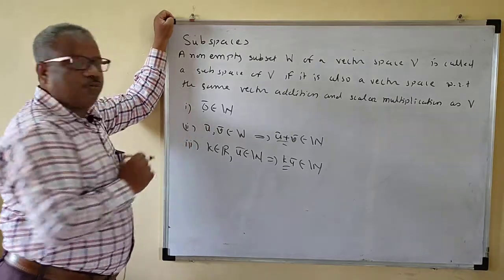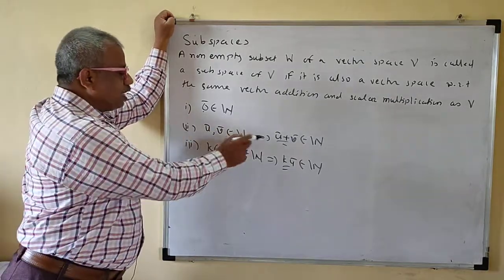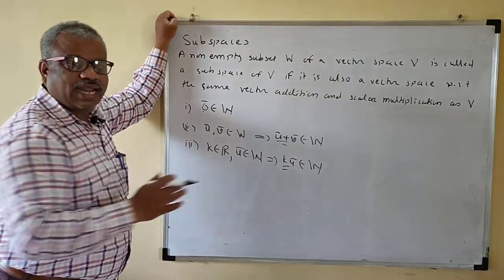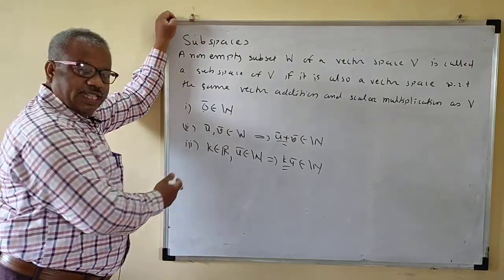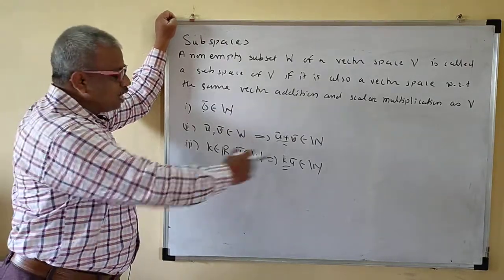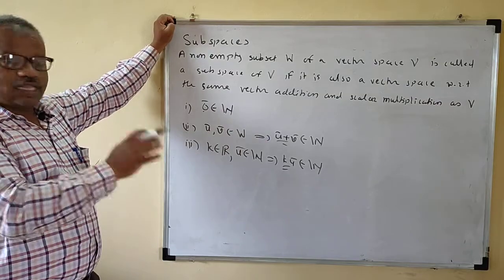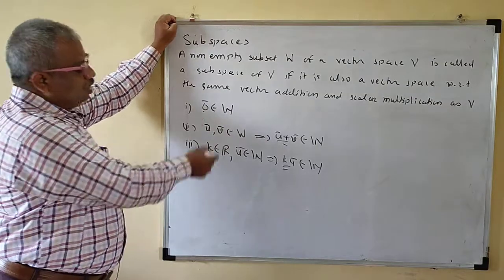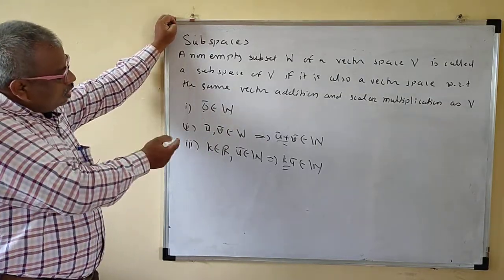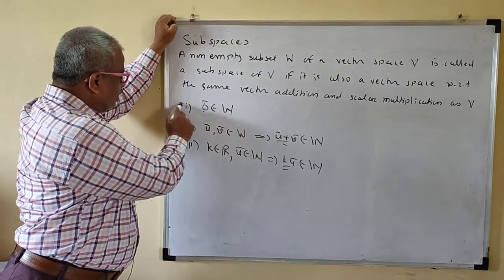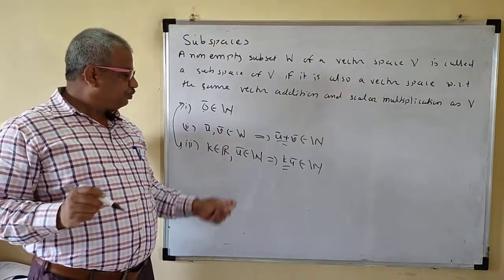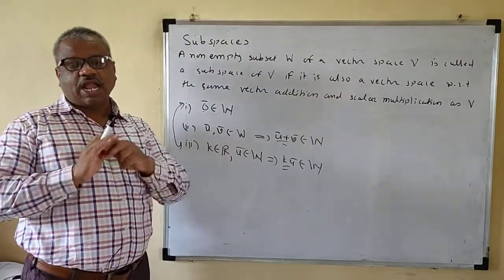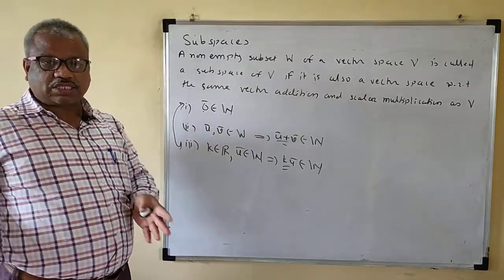Show that 0 bar belongs to W. Take any two vectors from W and show that their addition also belongs to W. Take any scalar and any vector from W and show that the scalar multiplication belongs to W. If W satisfies these three axioms, then automatically W satisfies all the 7 remaining axioms.